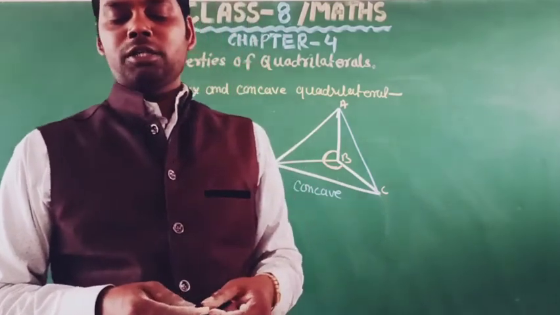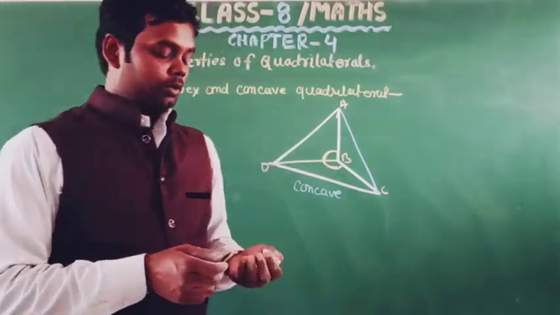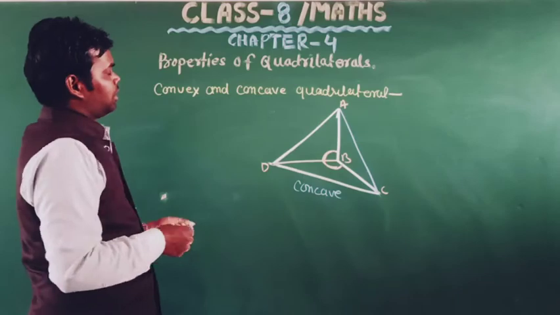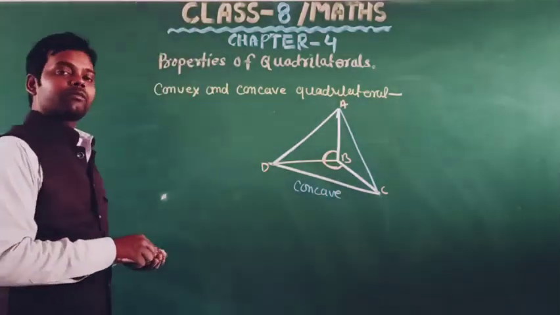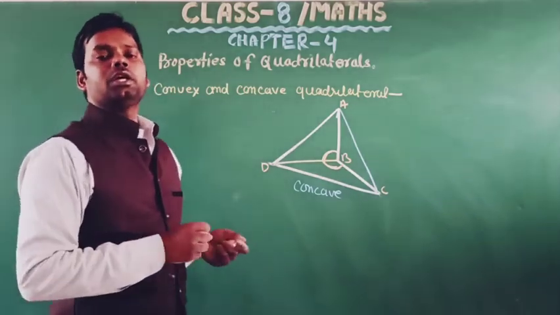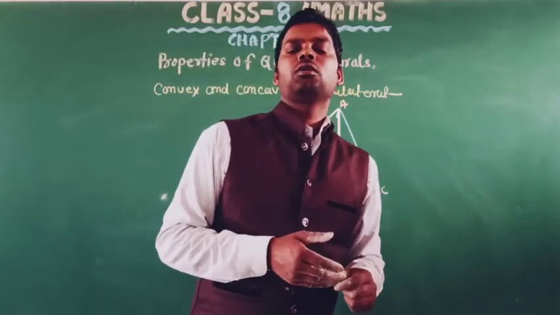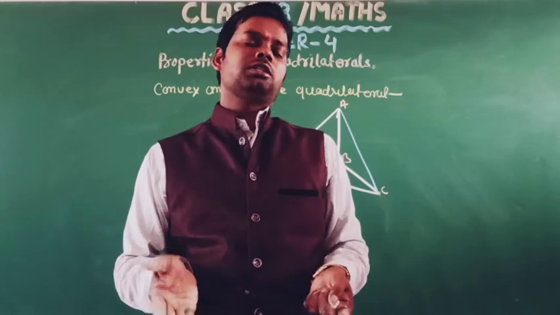And a quadrilateral is said to be convex if its diagonals lie inside it.